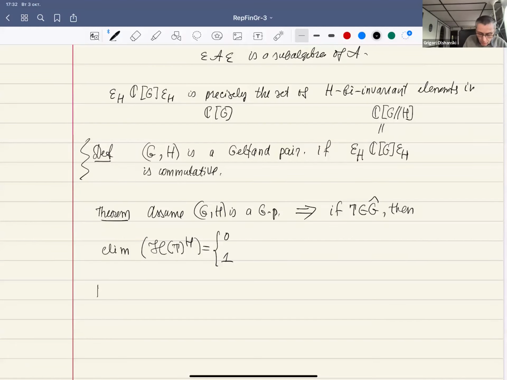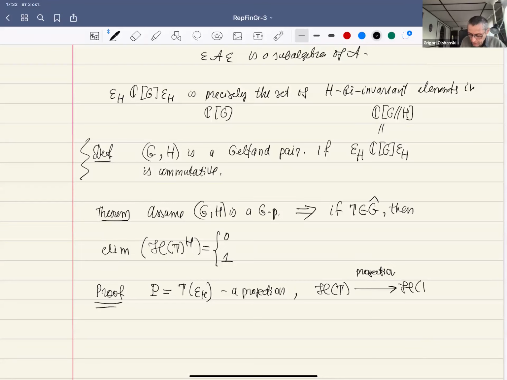So we prove. We take P as the image of our idempotent. So we know this is a projection, and namely, this is indeed a projection onto the subspace of H invariants.